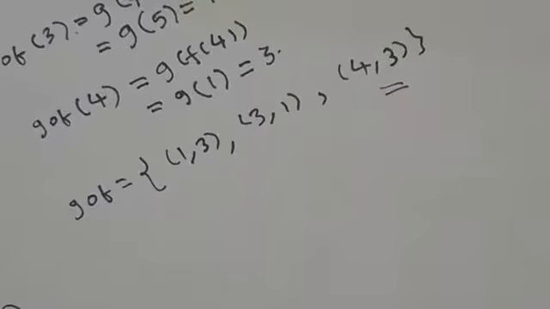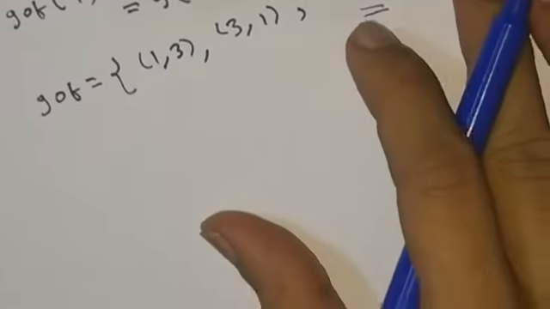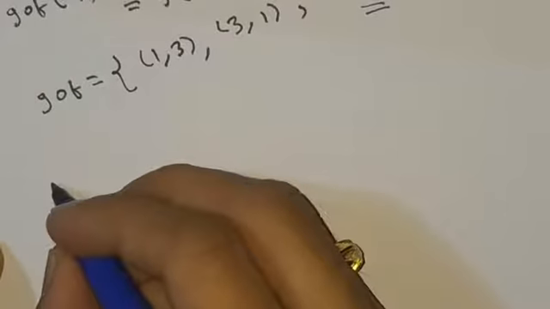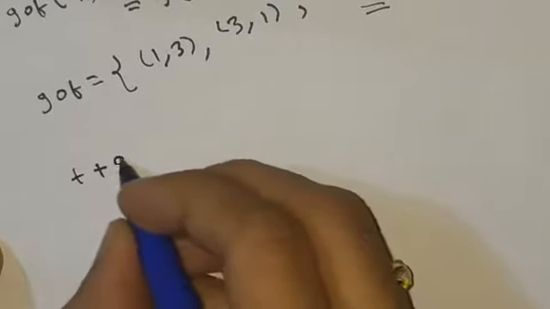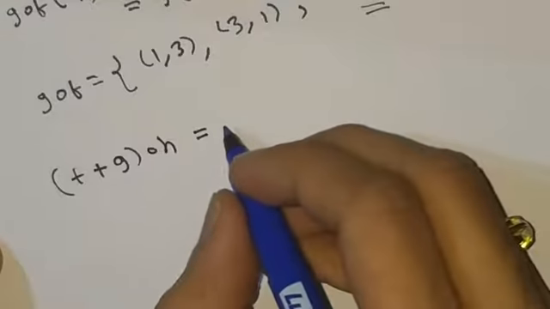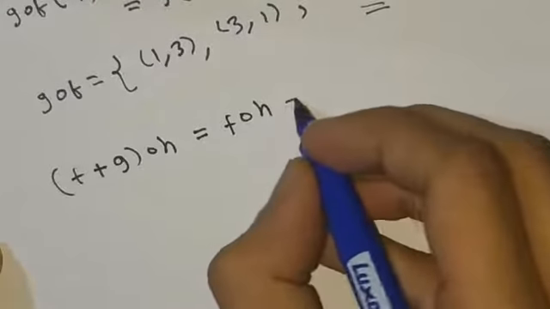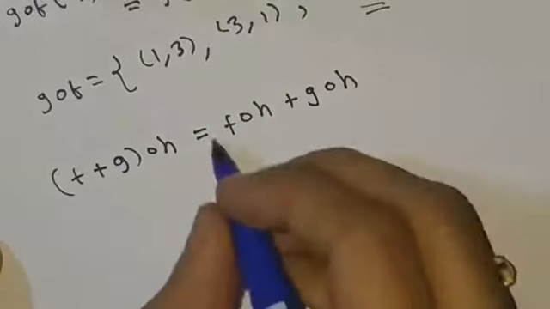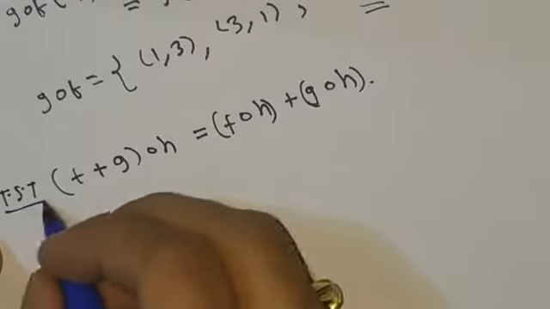Okay, so we have to show two things. First, (f plus g) composition h should be equal to f composition h plus g composition h. So this we have to show first.